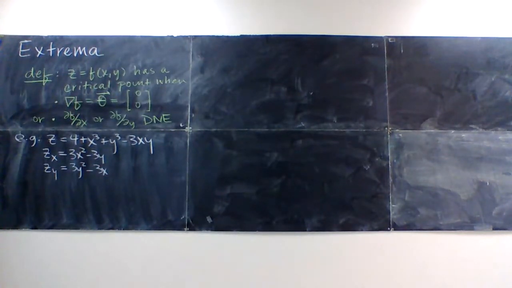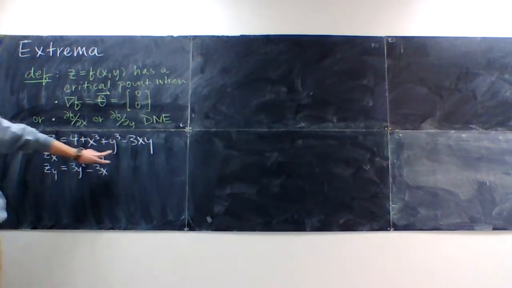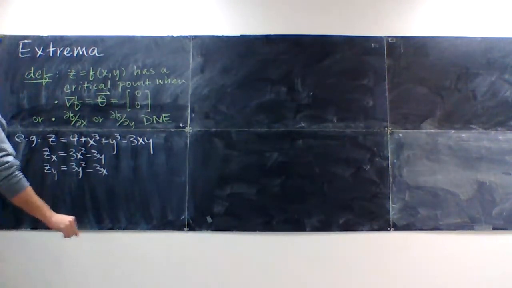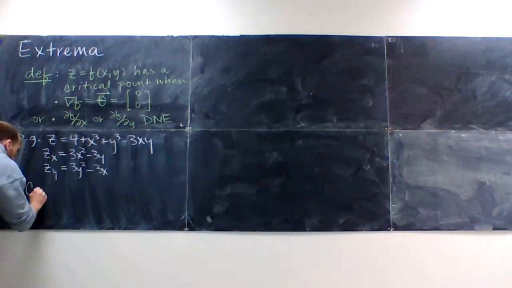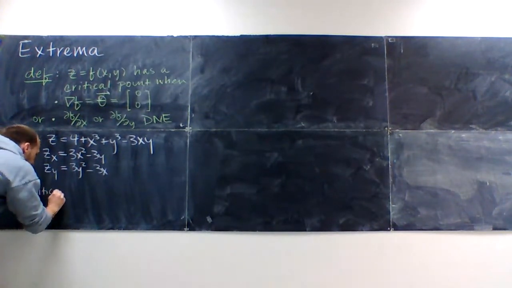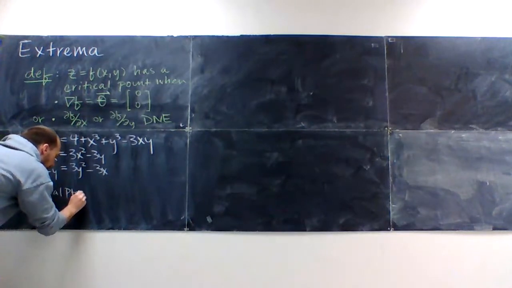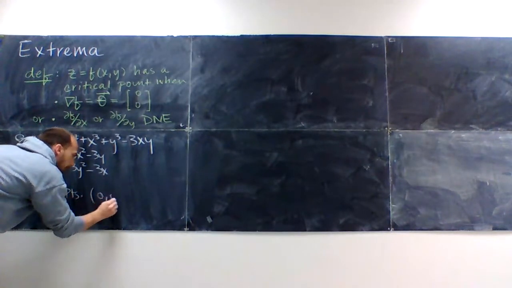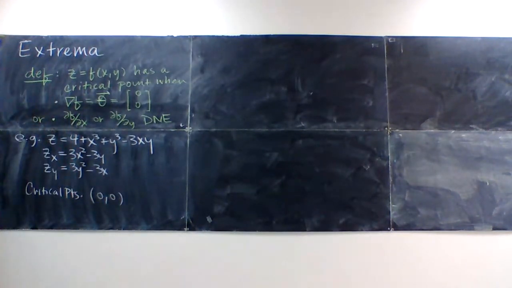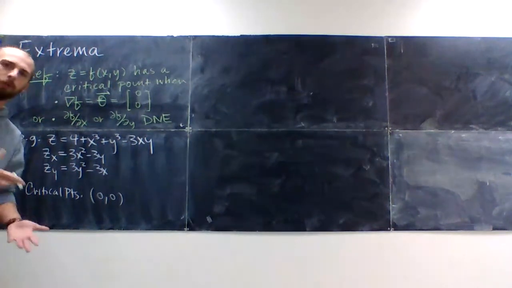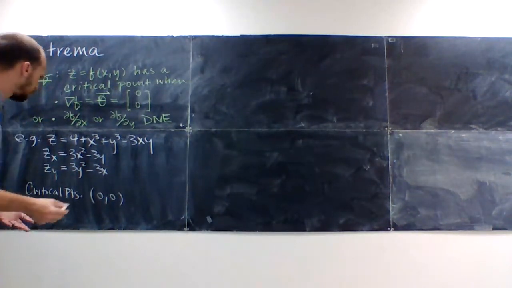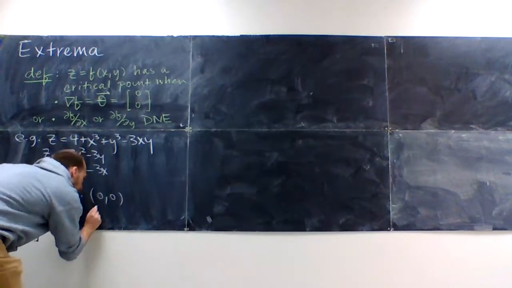Okay. So places where zx and zy are both 0. If x and y are both 0, that will be a critical point. Also, if x and y are both 1, I'll have 3 minus 3 for both of my partials. So that would be a situation where the gradient was the 0 vector.